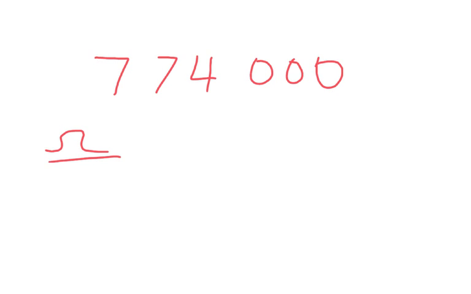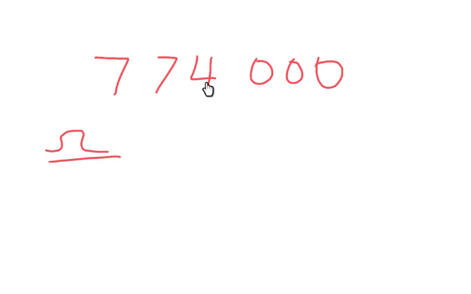Correct 774,000 to the nearest 10,000. 0 units, 0 tens, 0 hundreds, 4,000, 7 ten-thousands.